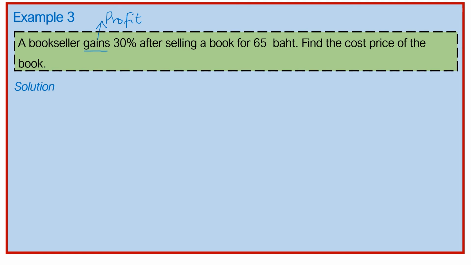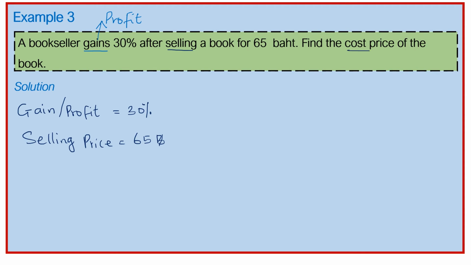So it means that the gain is same as profit is 30% after selling. So it means that the selling price is 65 baht.